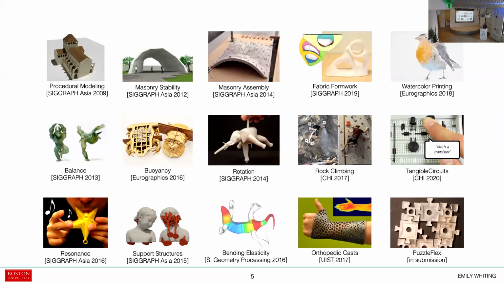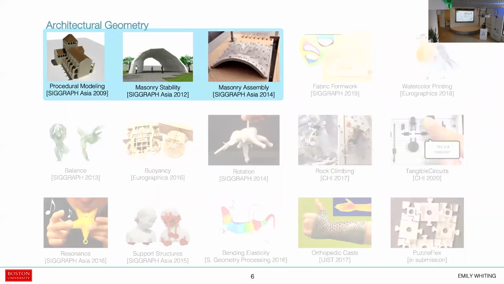We've explored this combination of functionality, mechanics, and geometry in a number of different examples. One area is architectural geometry. In architecture, a classic example where you have an intrinsic link between structural mechanics and geometric design, we looked into examples such as using procedural rules.